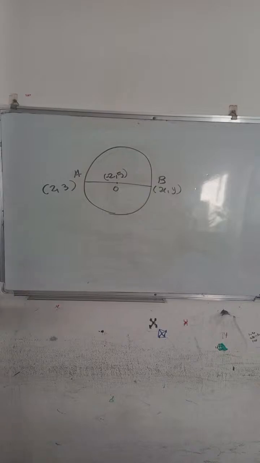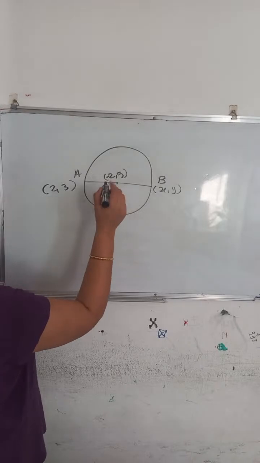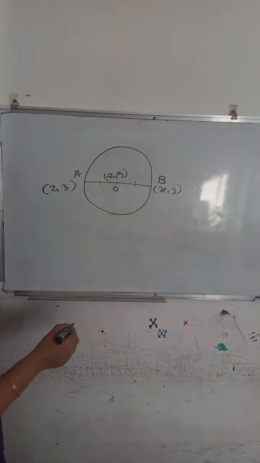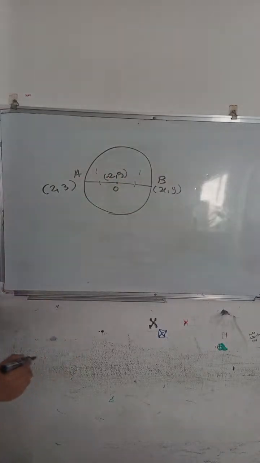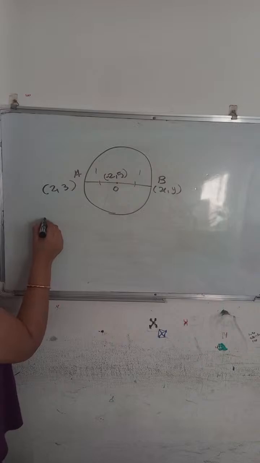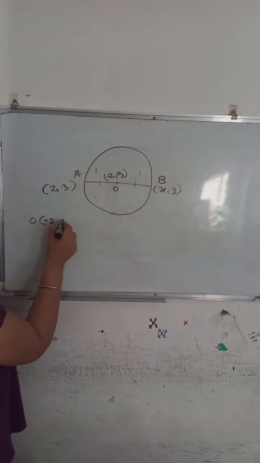So this line is nothing but the diameter, that means OA and OB are radii, so both are the same. Can you get it? And the center divides it 1:1 internally. So we can use the section formula here. We are writing for coordinates O, minus 2 comma 5.